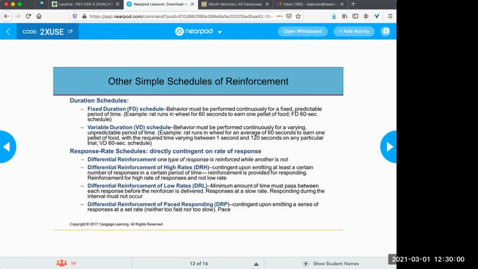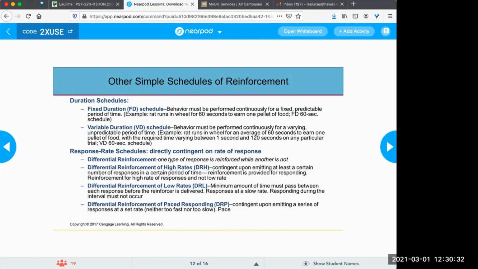They must run between 1 second to 120 seconds, but it must be in that 60-second schedule. It could be the first 60 seconds, the last 60 seconds, or 60 seconds in between. Versus the fixed duration, where they have to run for the whole amount of time to receive the pellet of food.